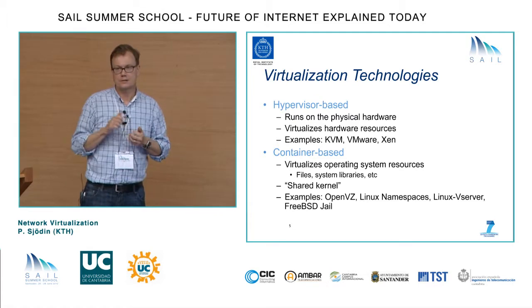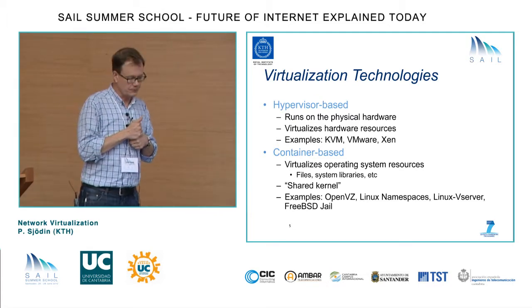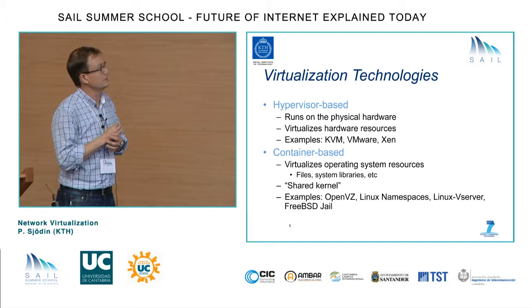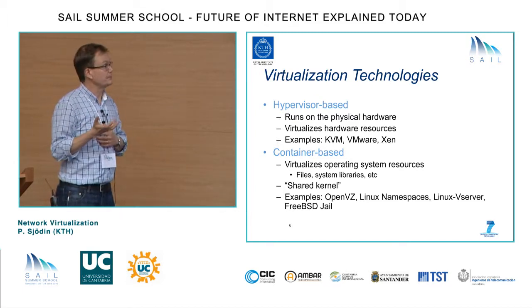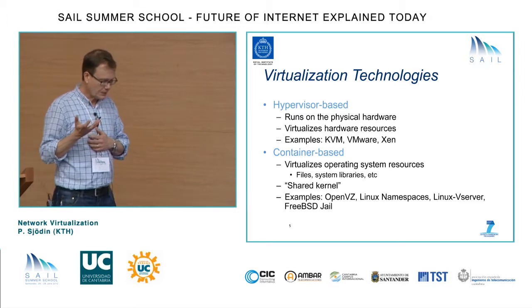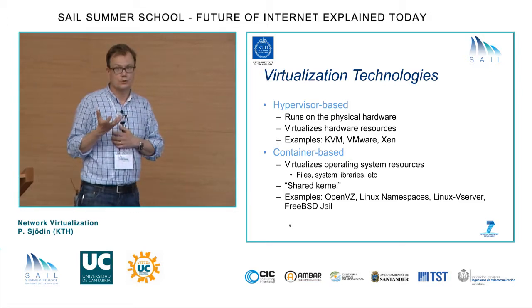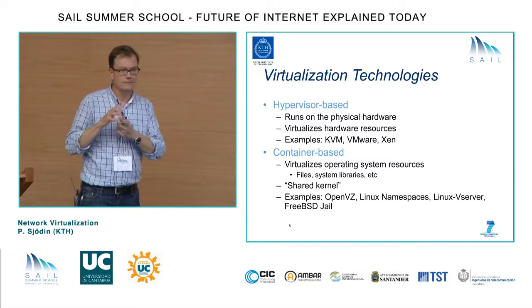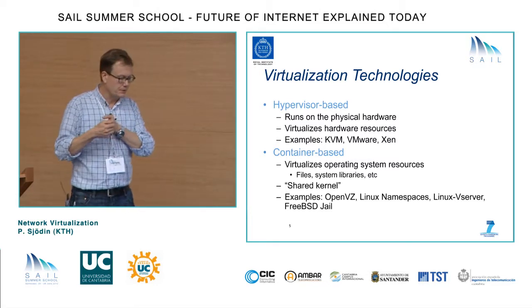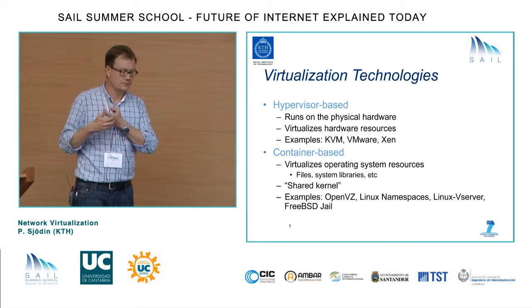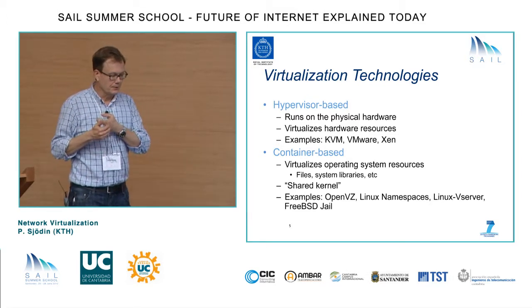And then there's a slightly simpler form of virtualization, which is called container-based virtualization. And here we don't virtualize the underlying hardware. What we virtualize instead is operating system resources. So virtualizing the file system, the process identifier space, we are virtualizing libraries, and so on.